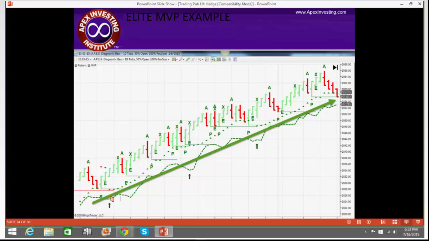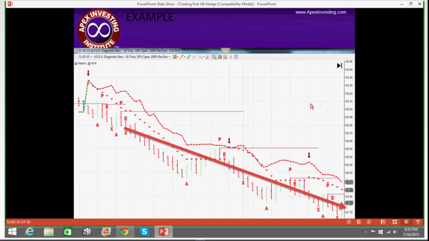This line, our MVP lines, are lining up long. Here's an example of how we do that. We get in long and follow it all the way up until it comes back down below our MVP lines. You see another example there of a short. We never enter on the first apex. We let it fully flip and confirm. We enter on the second one for our longer term trend trading.